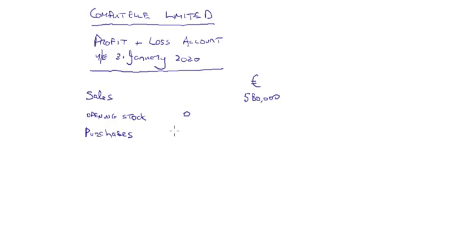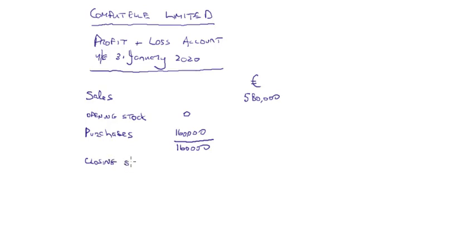And the answer, of course, is it's what we bought, regardless of whether we actually paid for these purchases or not. So we add the cost of the opening stock to the cost of the purchases. Not a difficult calculation.